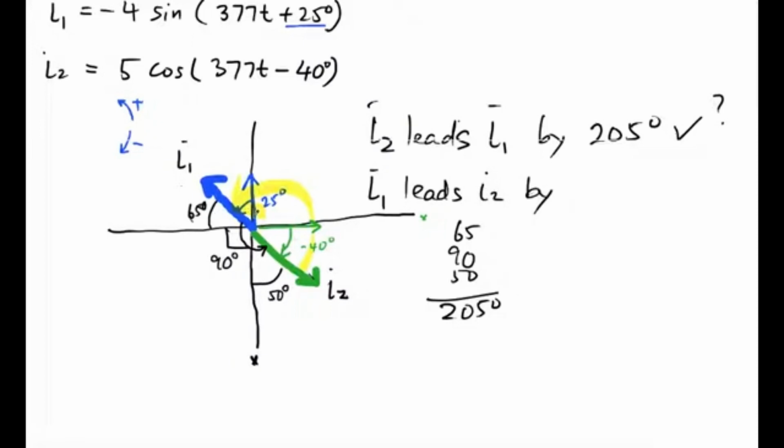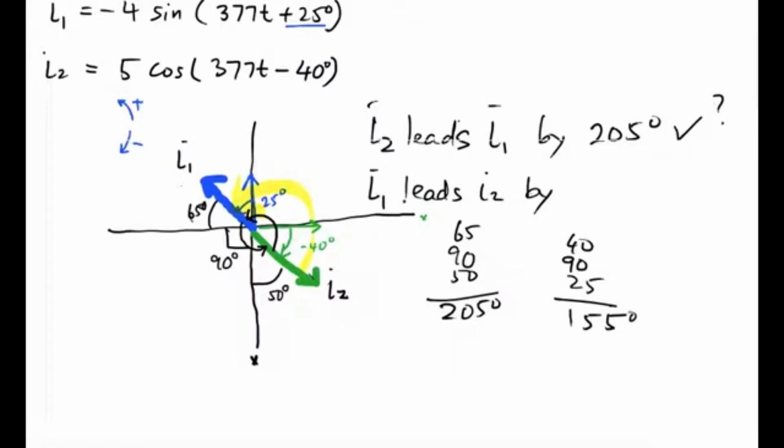The angle starts from I2 and you have to add all the way until I1. So you have 40 plus 90, and also another 25. How much is that? 155.